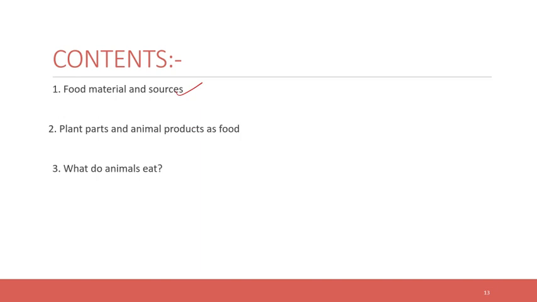Second, we'll be studying plant parts and animal products as food. What are the eatable parts of plants and animals? We are going to find this out in our chapter. Thirdly, we will be studying what animals eat. Interesting, right? We are going to study all these contents today in our class.